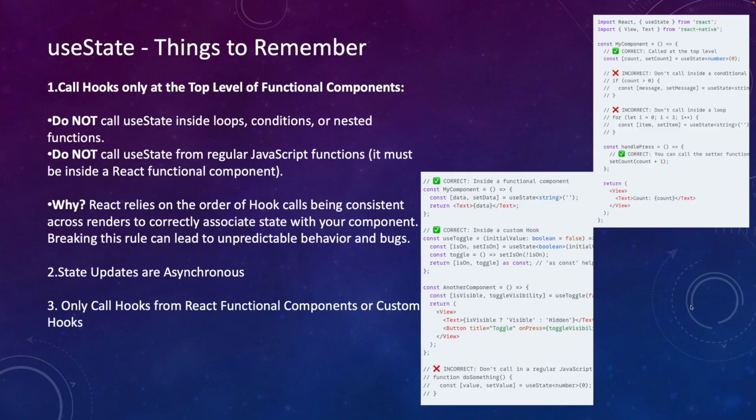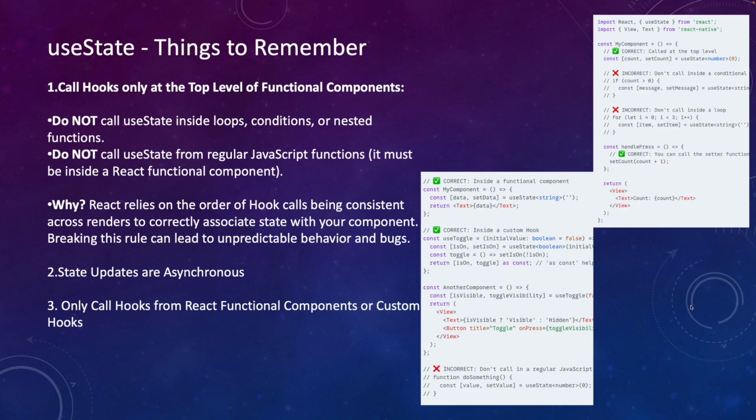All right, now you know the useState hook, and there are certain things you need to remember when using React Native hooks, especially the useState hook. You should call hooks only at the top level of the function component, so you should not call useState inside loops, conditions, or nested functions, and you should not call useState from a regular JavaScript function.